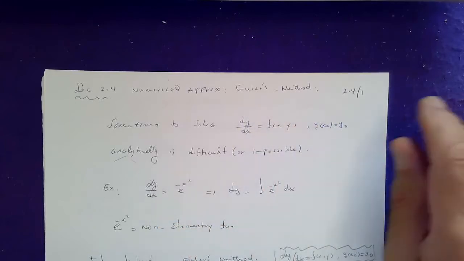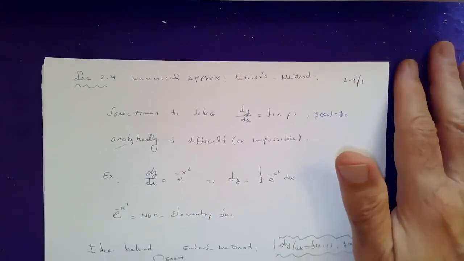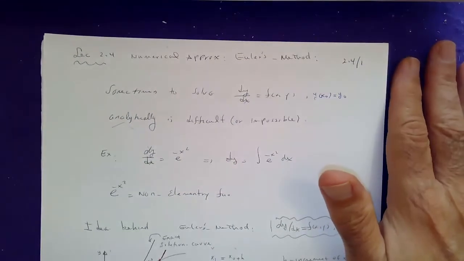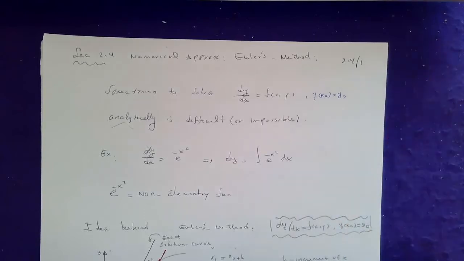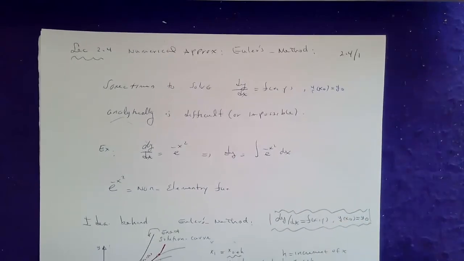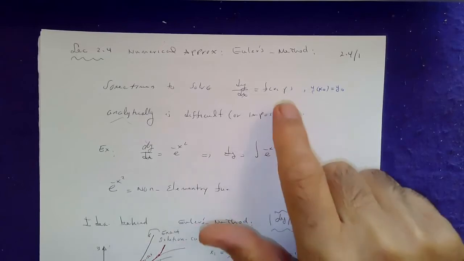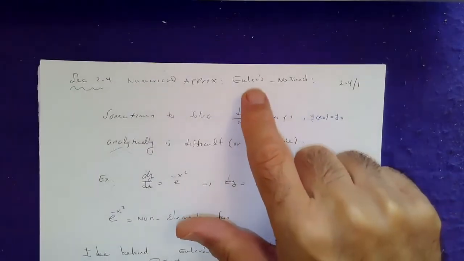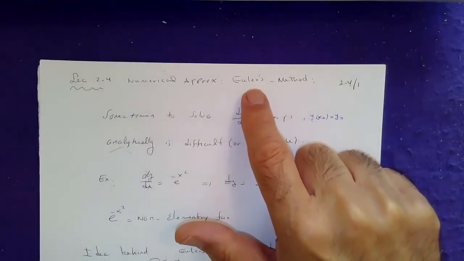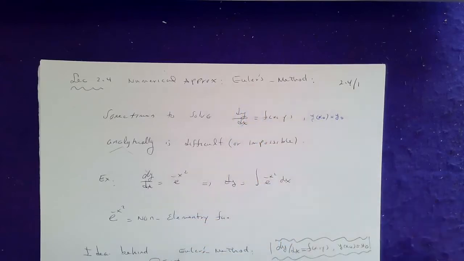In real life, we use computers, of course, but the computers are based on some methodology that mathematicians have come up with. Many moons ago, the first method of approximation was devised by Leonard Euler, a Swiss mathematician.